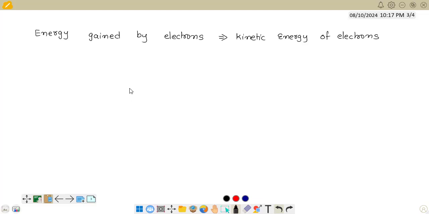So taking those into consideration, let us try to find the kinetic energy gained. It is simply half mv square into the total number.